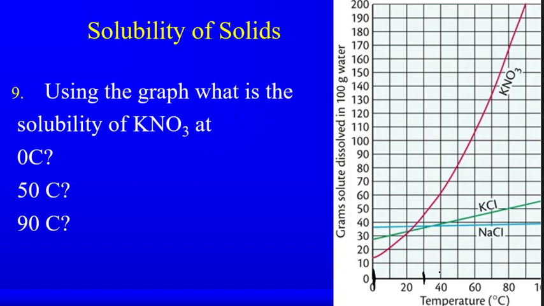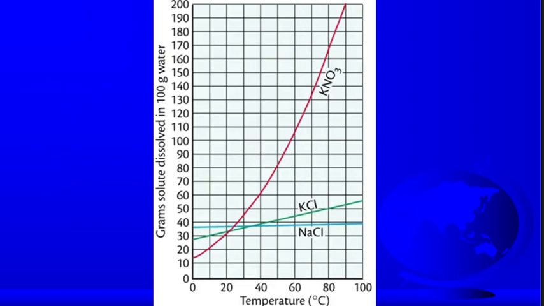Actually, that's not true. It can get colder than 30. It doesn't get warmer than 40. What can you tell me about how the solubility of sodium chloride will change from 0 to 40? It doesn't. That's actually very important, especially if you're a big fan of Finding Nemo.